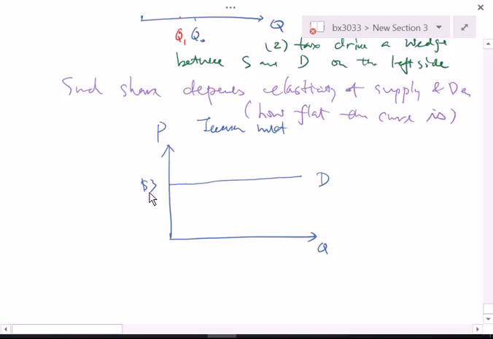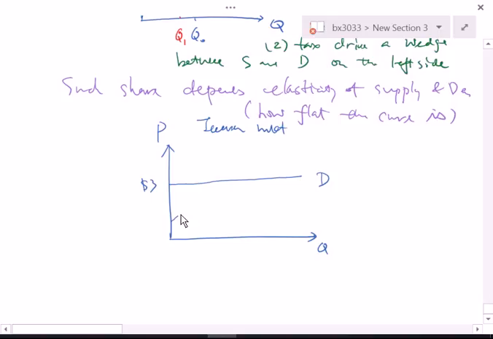In these cases, consumers are very sensitive to the price change. Intuitively, given that consumers are very sensitive, the tax burden should fall more on producers. Actually, in these cases, it's going to fall 100% on the producers.